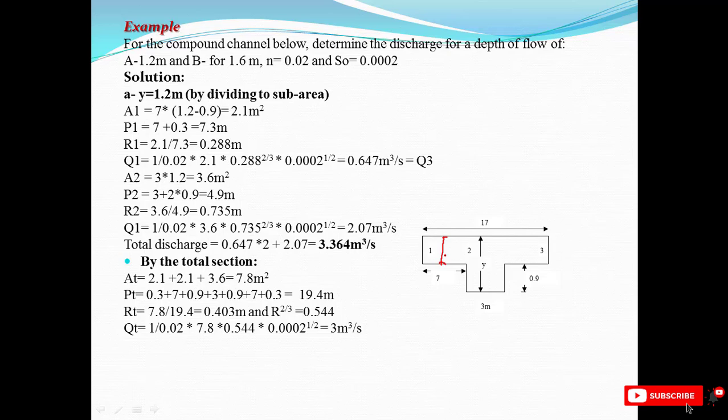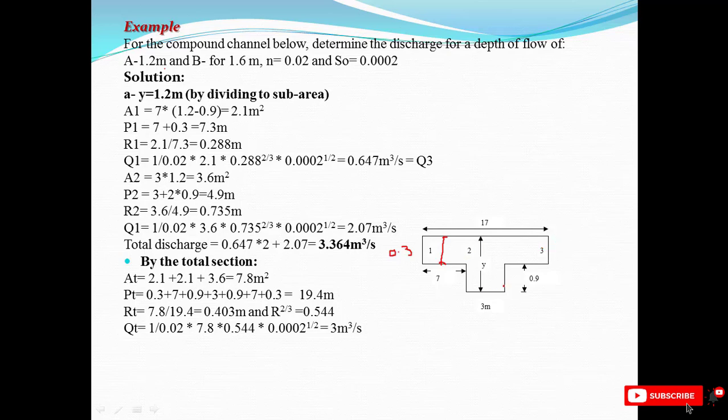This is for A. P is equal to 7 plus 0.3, and this side 0.3. How do we obtain 0.3? 1.2 minus 0.9. And R, we find that Q is equal to 1 over n A R to the 2 by 3 root S, equal to 0.647, which is equal to Q3 because both geometric shapes are equal. This is Q1 and Q3.